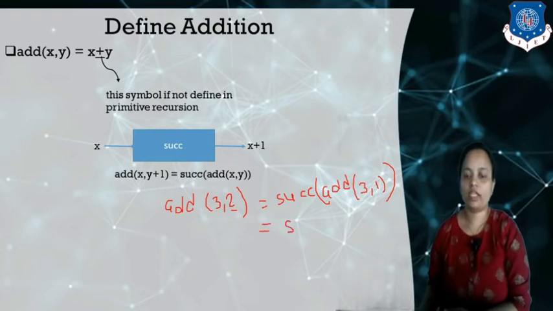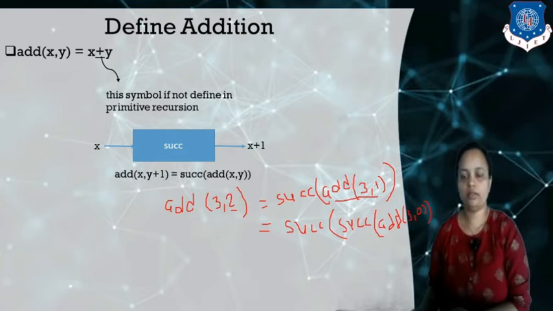Now again we call the successor function recursively in the same way: successor of successor of add 3 comma 0.